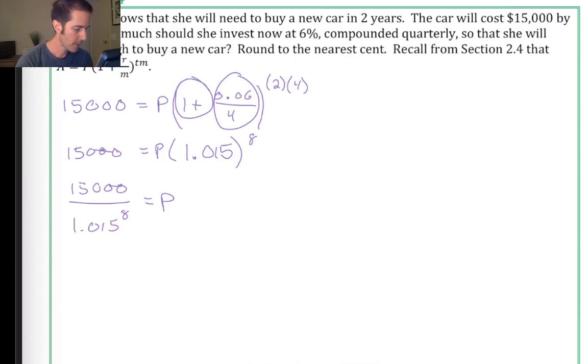And we're supposed to be rounding to the nearest cent, and I just did. So let's jot down our final answer of $13,315.67.